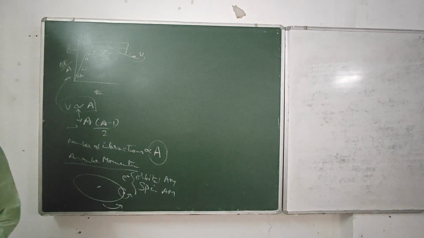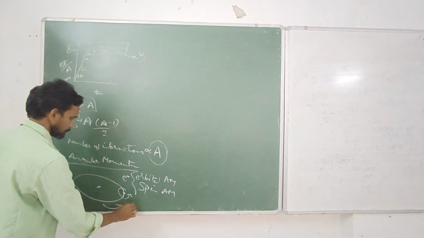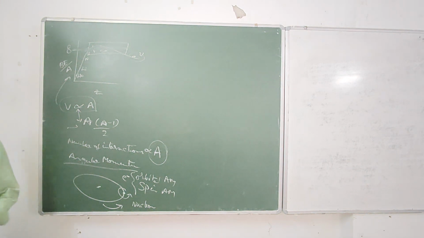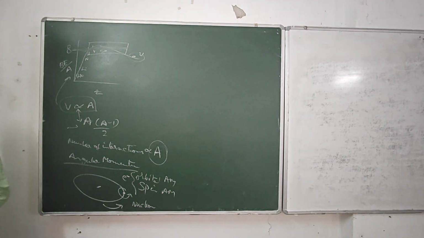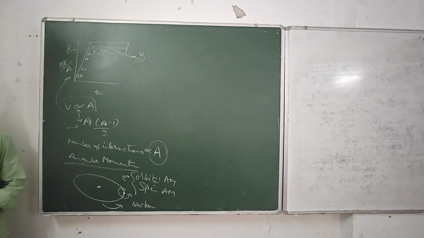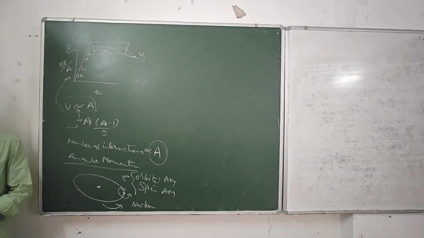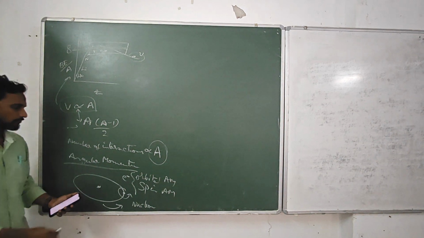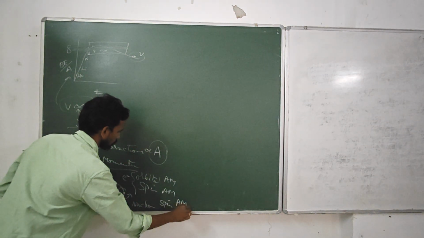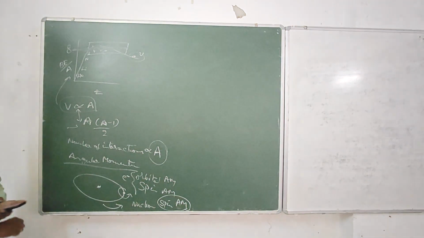And for nucleon, how many possibilities are there? How many degrees of freedom at least? So at most they may have spin angular momentum only. I mean they cannot have orbital angular momentum. So for nucleon you have only spin angular momentum. Is it?